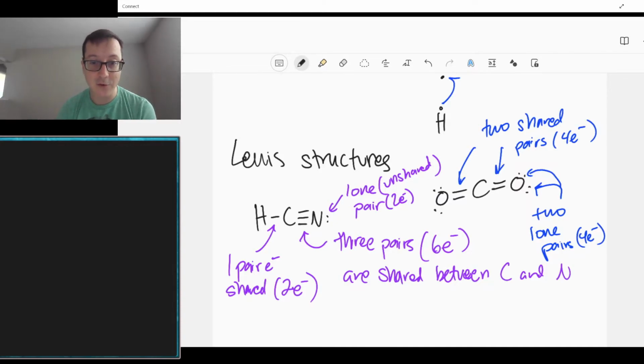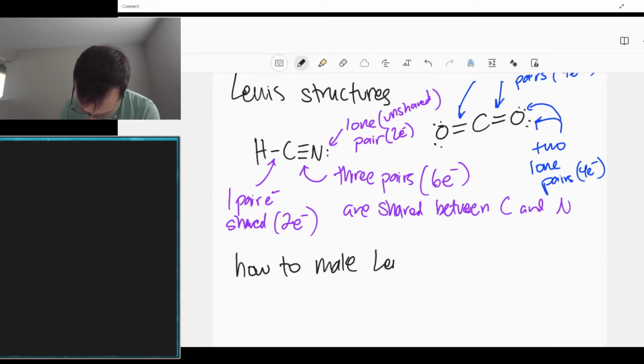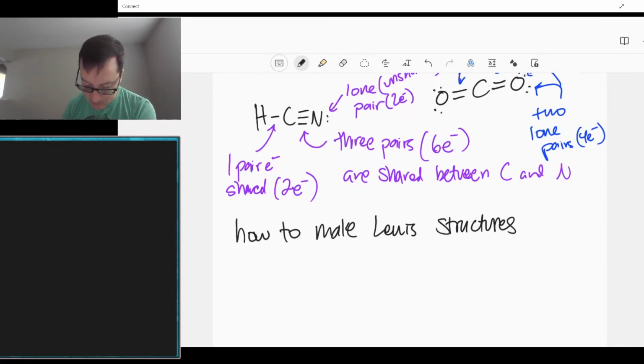It's important that we have everything shown on a Lewis structure. So we need to show that all atoms are satisfied. Alrighty, so how do we make them? How to make Lewis structures.